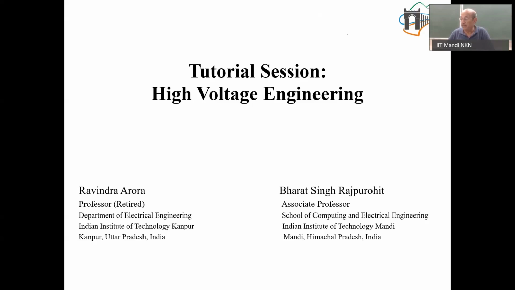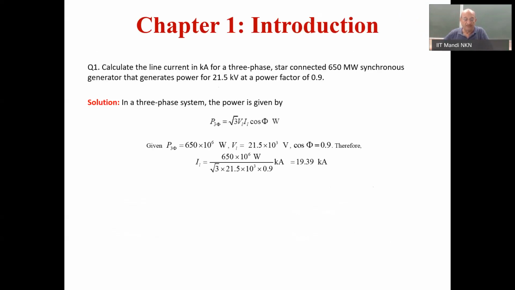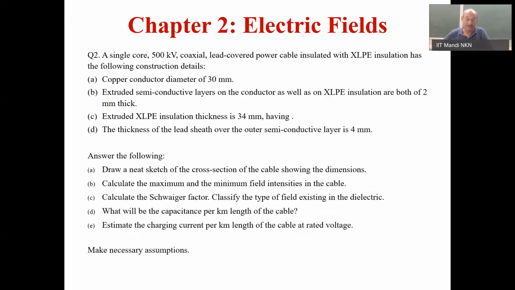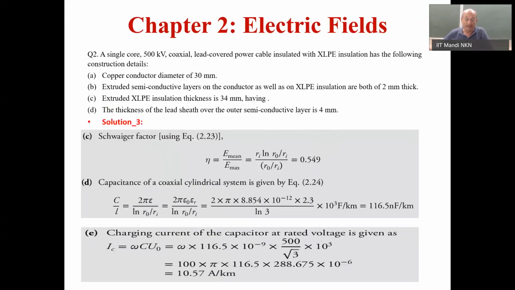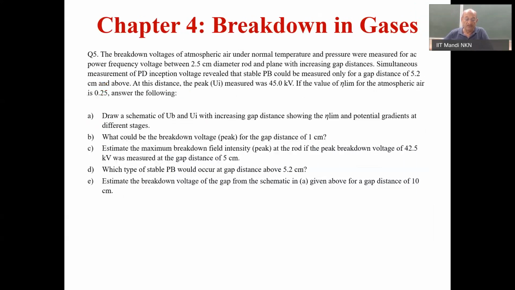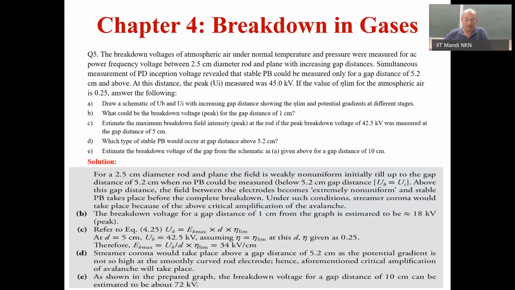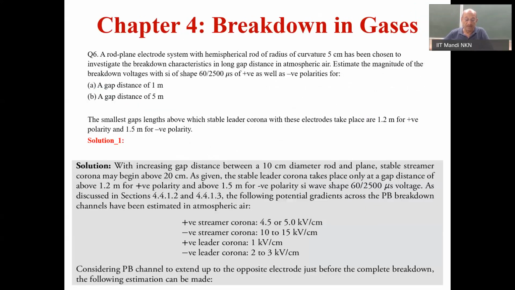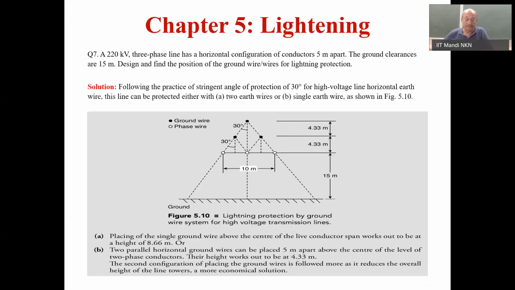So yesterday we covered chapters up to chapter number 5, that is lightning protection. We talked about the lightning protection, and this was the last figure I gave you, how to protect the transmission line with a grounded conductor on the top.